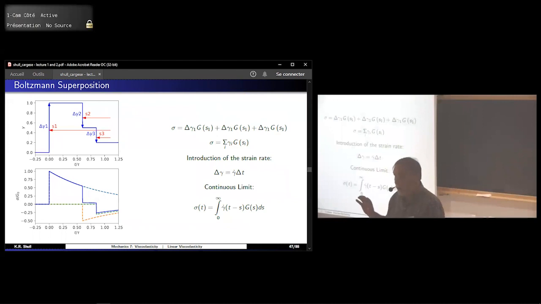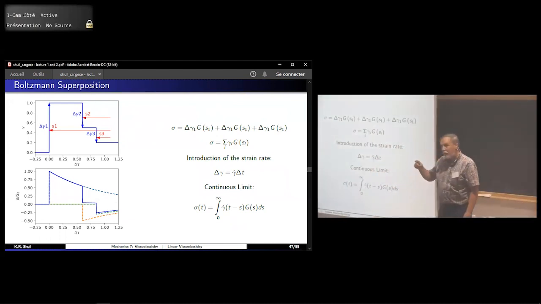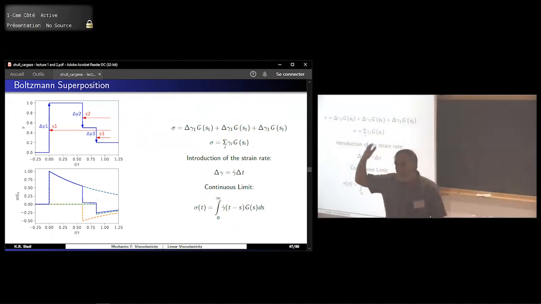Is there a physical reason why it shouldn't be an increasing function with respect to time? Yeah, so the question is, can the modulus increase with time? I don't know, it's unphysical, right? It has to decrease. You're violating some kind of physical law.